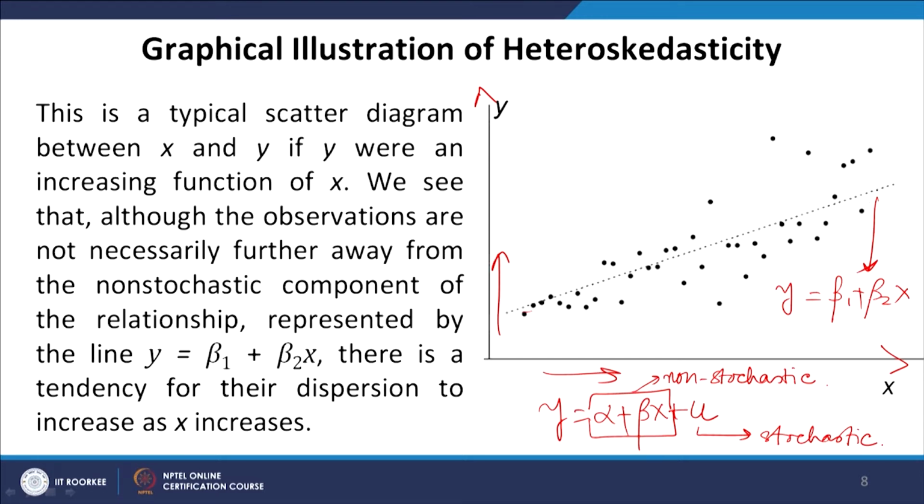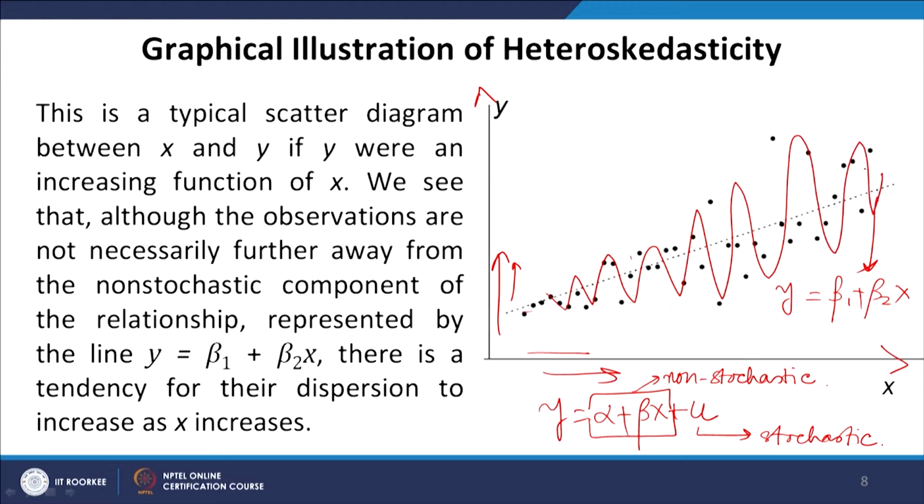And in the presence of heteroscedasticity, we can see that as x increases, y also increases, but the dispersions are increasing. If I draw lines measuring the dispersions, you can see that they are increasing, specifically higher in this range, which may indicate that the variance is not constant. The error variances are the differences between the plotted line and the actual values.